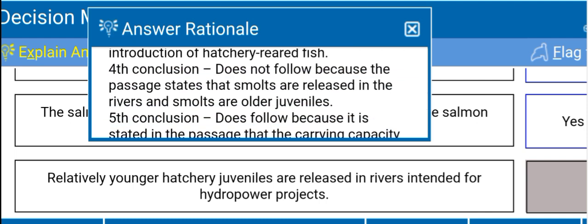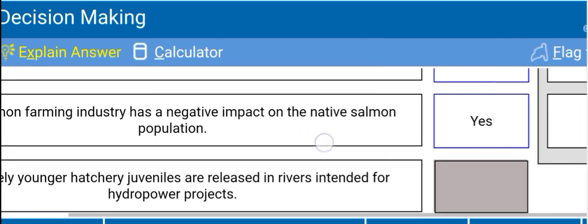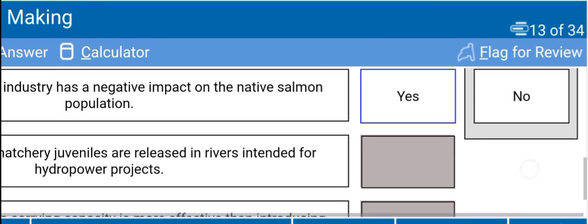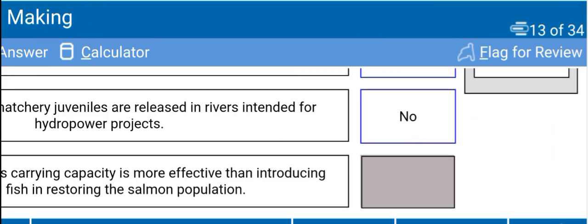It does not follow because the passage states that smolts are released in the rivers and smolts are older juveniles. So it does not follow the statement of the question. So that's why we will say the fourth conclusion does not follow, and we will drop a no in front of that.